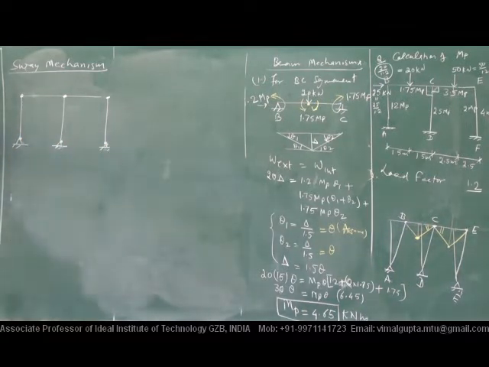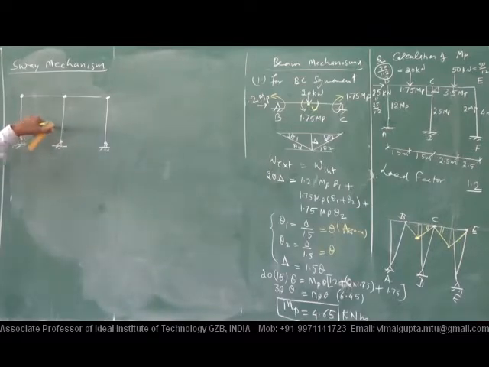But before considering all joints as plastic hinges, care must be given. Which type of care must be given? The total number of plastic hinges cannot be more than ds plus 1.